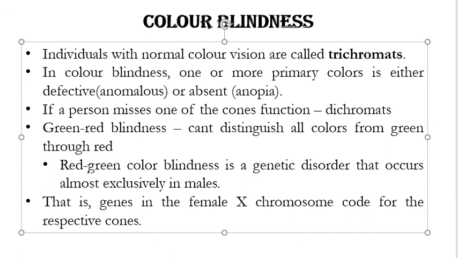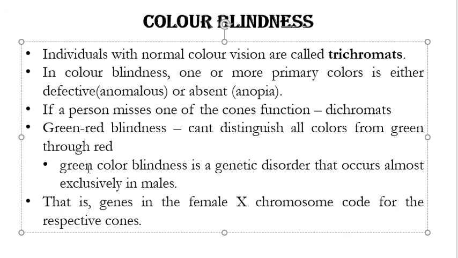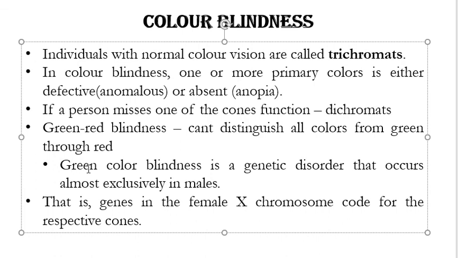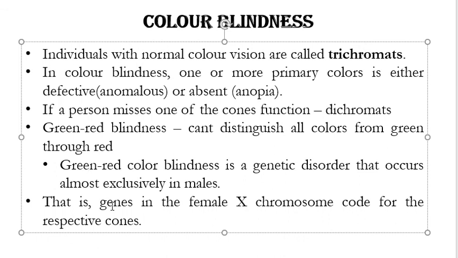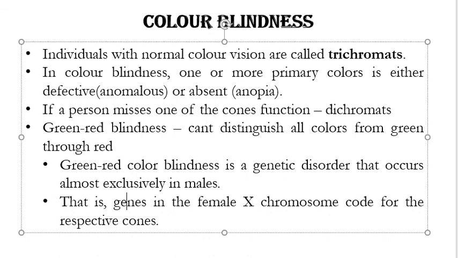So we can actually just say green, red. Why is this so? It's because this is in the X chromosome of the female. They code for the respective cones. So for a male, it's in there.